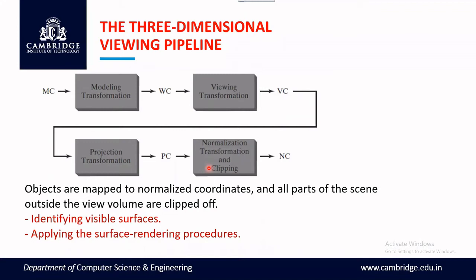Once you get the projection coordinates, everything is complete and you can show it. But we want our model to be independent of the particular device. We may project it on a laptop, we may show it on a desktop monitor, that could be a 14-inch, 15-inch, 17-inch monitor, or a huge wall screen. It can be shown on anything, so we want it to be device independent. So we convert the projection coordinates into normalized coordinates.